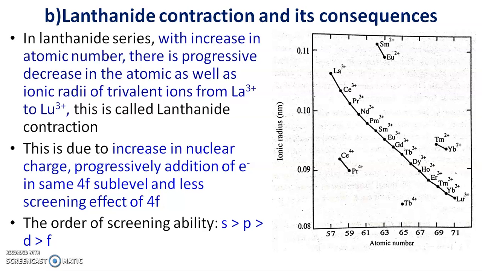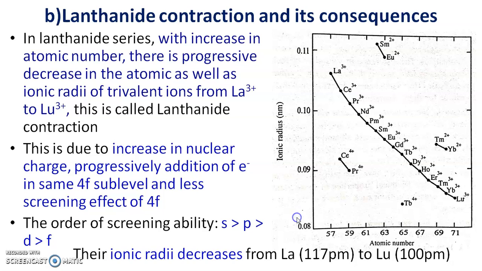But here, because of the less shielding effect caused by the 4f subshell, there is more impact of protons on the outermost electrons, and the total result is a decrease in size of lanthanide ions from lanthanum to lutetium.